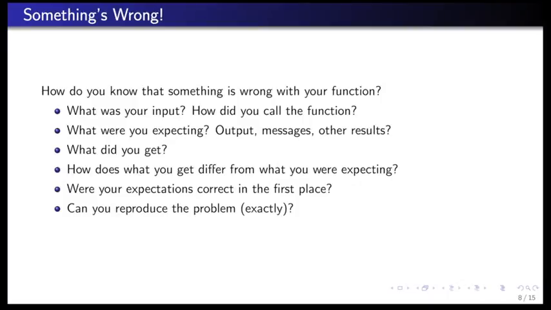You have to be able to reproduce the problem because you have to be able to show someone how you created the problem. Most people are not going to know, if you just show them the output or the error message, what that means or where it came from and how you got there. So the process by which you encountered the error is very important. You have to know how to reproduce the problem.